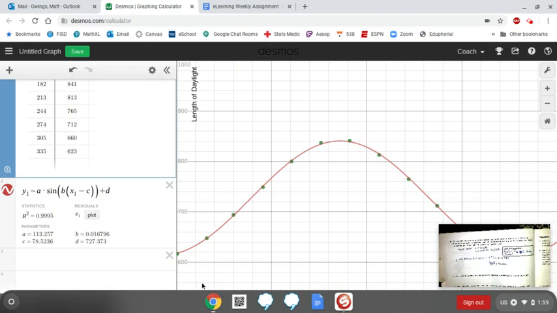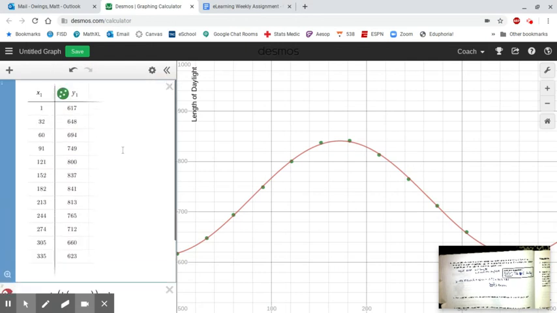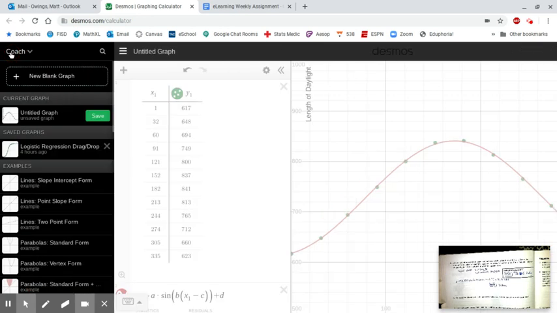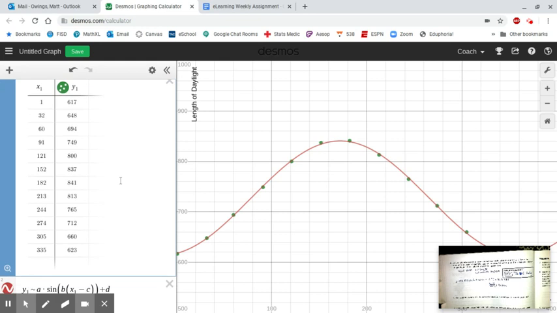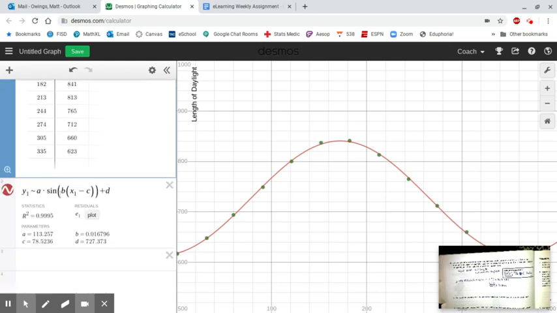And then you were able to watch another video where a nice lady walked you through how you can create a new blank graph, and then insert a new table, and type in, hopefully you practiced with our Houston data, and then have it create your equation for you.